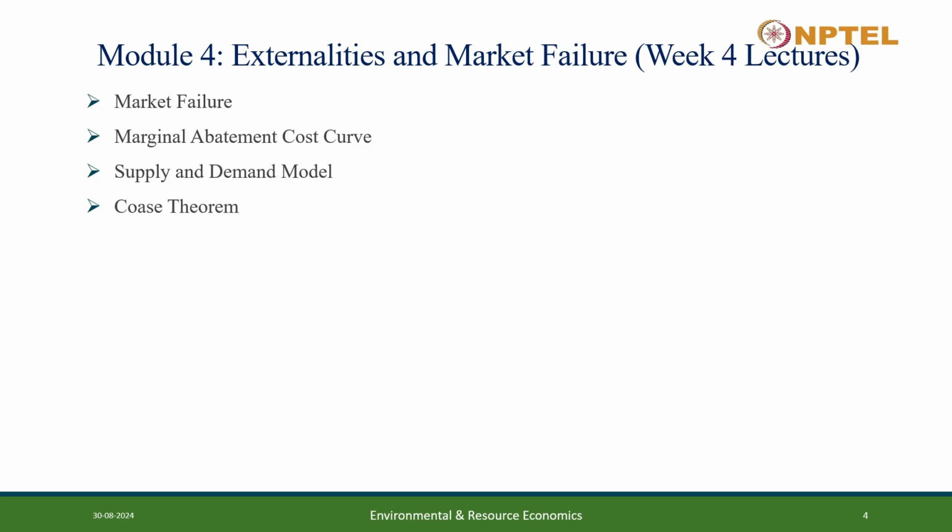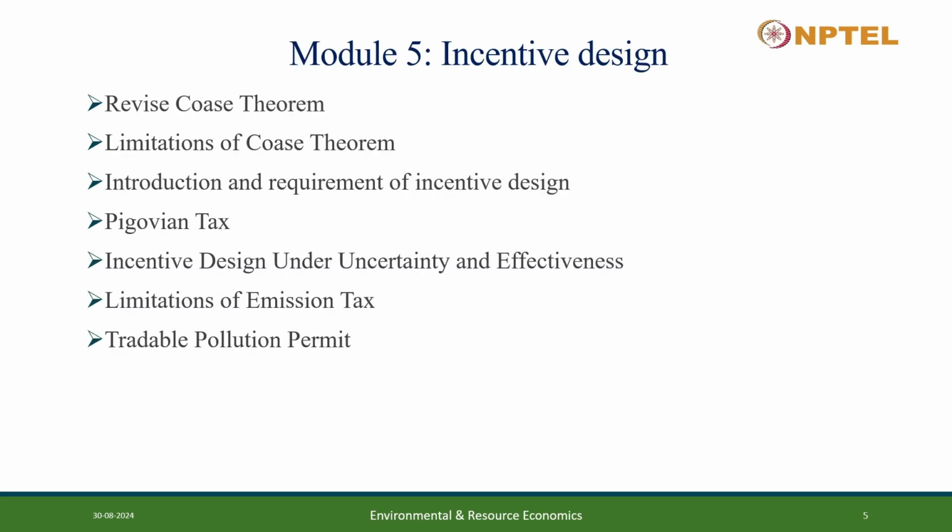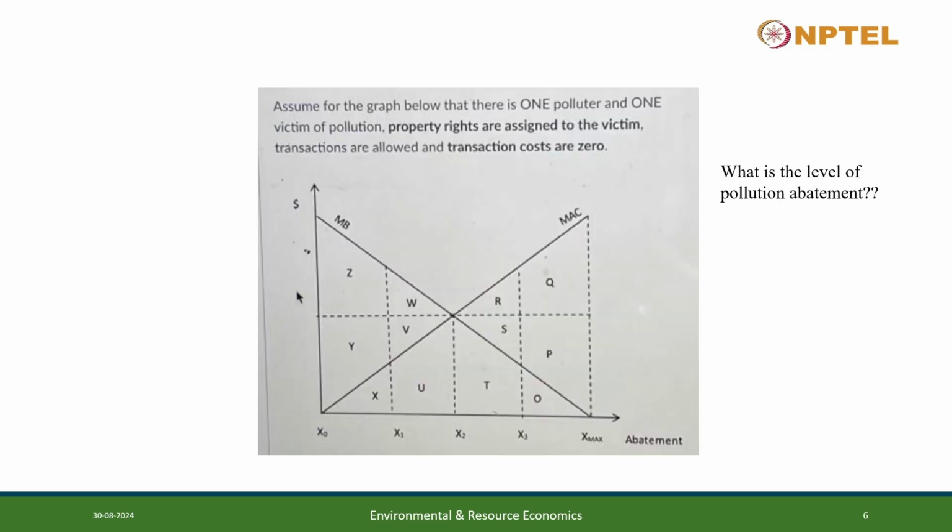Based on all this, first we will try to solve one problem. In this lecture, we will cover all this. We will revise the Coase theorem for a while, then talk about its limitations, and then go towards incentive design, why it is required and how it is levied. Then we'll talk about the Pigouvian tax, then uncertainty in incentive design, then limitations of emission tax, and then we will cover a part of tradable pollution permits.